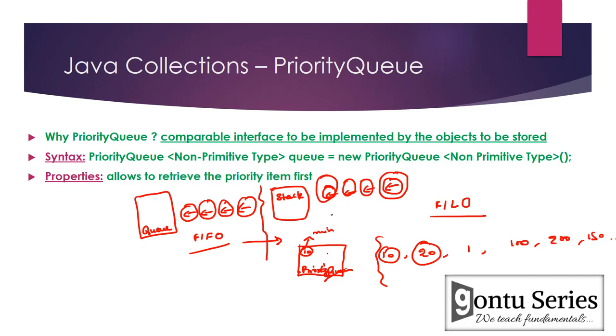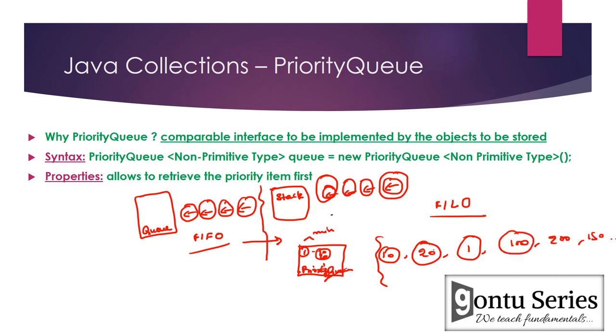So here 10 is minimum, so it's going to add 20 here, and because 10 is less than 20, it's going to put it to the left hand side. When you add 1, because 1 is less than 20 and 1 is less than 10, it's going to rearrange this whole thing in such a way that 1 is going to point to the first position, and the rest, 10 and 20, are going to be present after that.